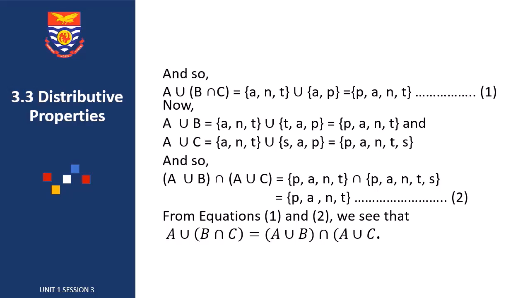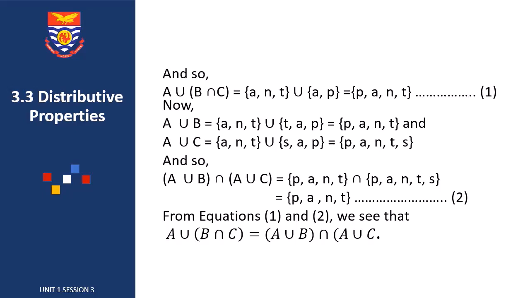So A ∪ B we know is P, A, N, T. Then we bring the symbol for the intersection. And A ∪ C we know is P, A, N, T, S. So when we find the intersection of these two, we get P, A, N, T. We call this one equation 2.